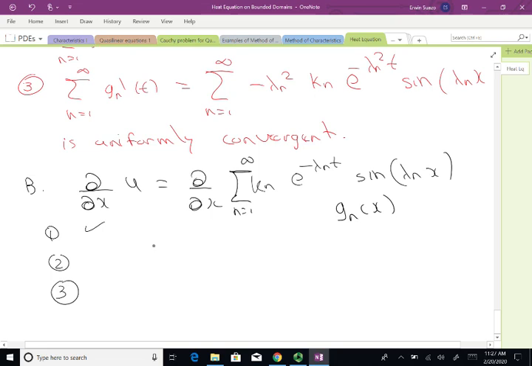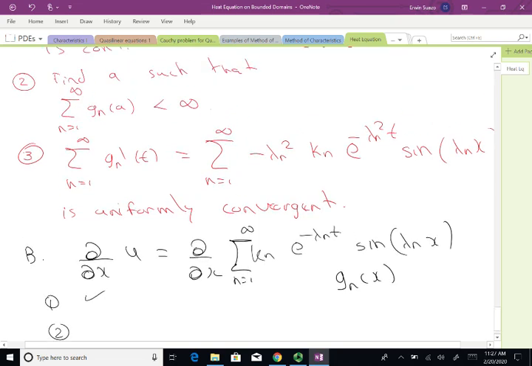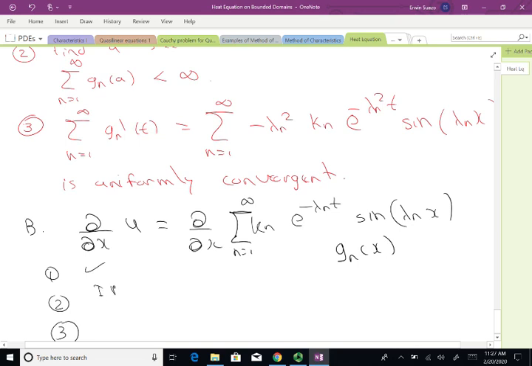we want to check proposition 2, right? So if a equals 0, Gn of 0 equals 0, right? Because you plug in 0 here, sine of 0 is 0, so this term is 0.